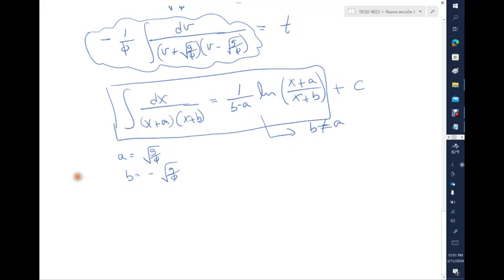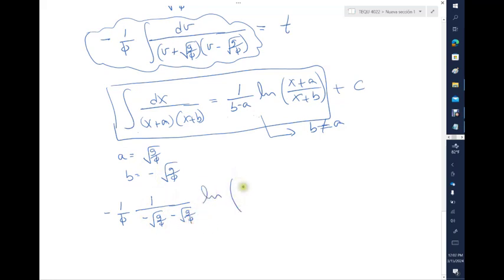By applying this integral rule, we end up with this 1 over phi, and here we go. Now remember, 1 over b minus a is this part here. What is a and what is b? b is negative the square root of g over phi minus a, which is the square root of g over phi, and that times the logarithm of whatever is x.